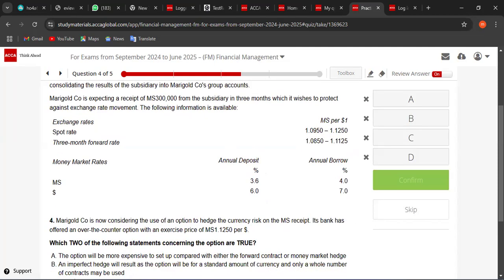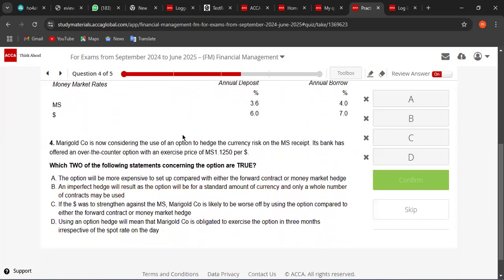Now, the examiner is asking, M company is now considering the use of an option to hedge the currency risk on the MS receipts, and its bank has offered over-the-counter options with an exercise price of 1.1250 per dollar.